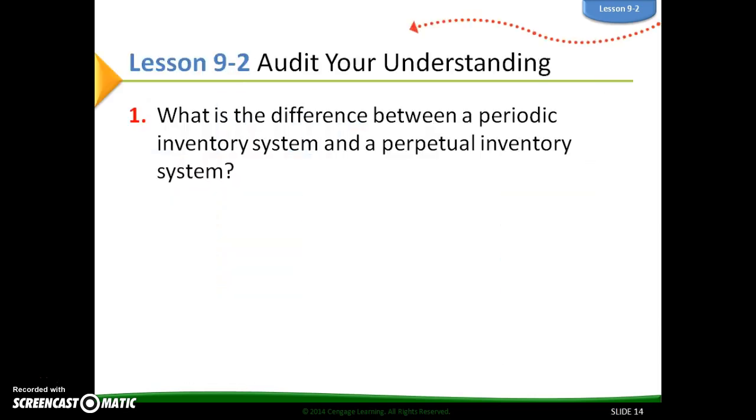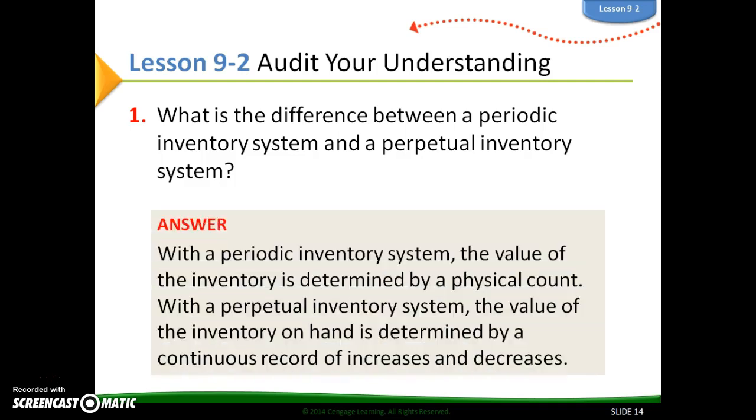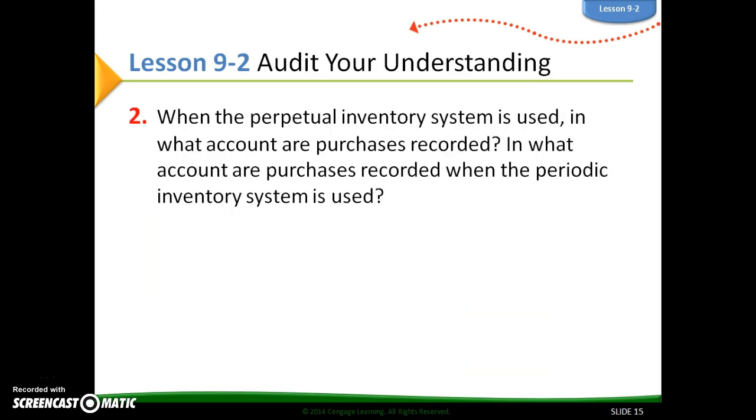All right, so let's do the audit your understanding piece here. Let's go ahead and make sure we can answer the questions. What's the difference between periodic inventory and perpetual inventory? This one's easy, right? We think about when it's happening. When the perpetual inventory system is used, in what account are purchases recorded? That would be in the merchandise inventory account.